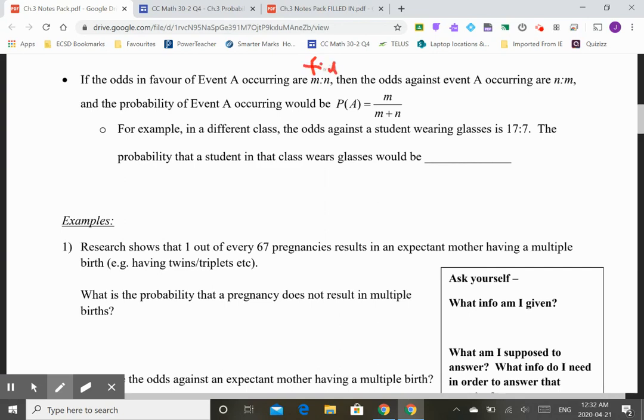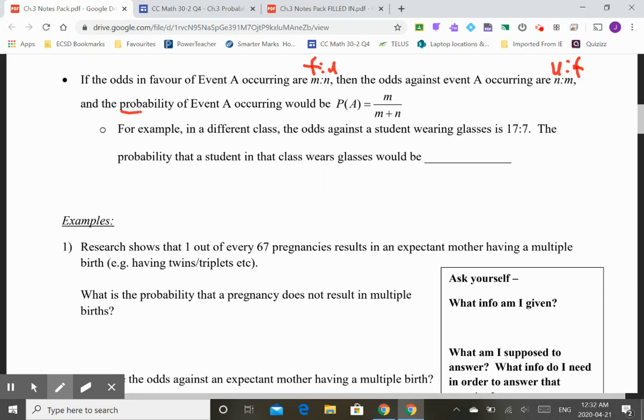So m represents favorable outcomes, n represents the number of unfavorable outcomes. Odds against event A is just the opposite. It compares unfavorable to favorable. So we can easily convert from odds in favor to odds against and vice versa just by switching the numbers in the ratio. What about the relationship between odds and probability?